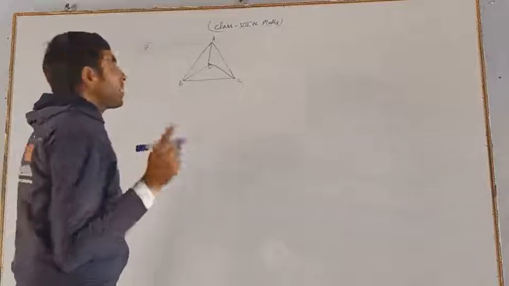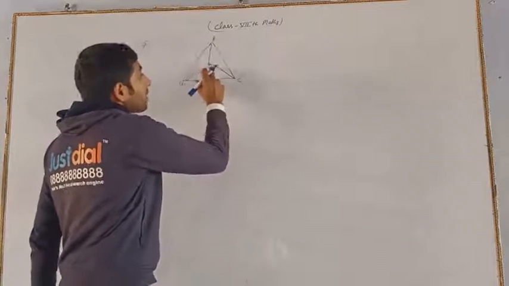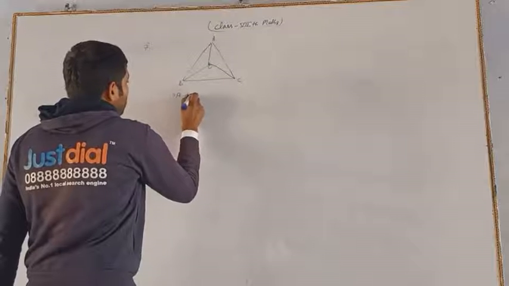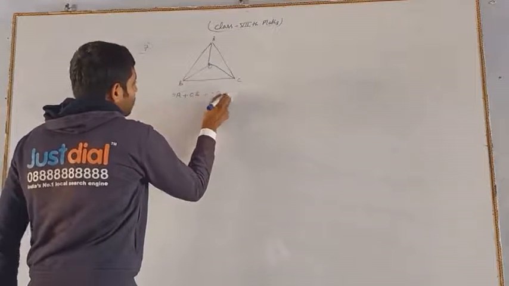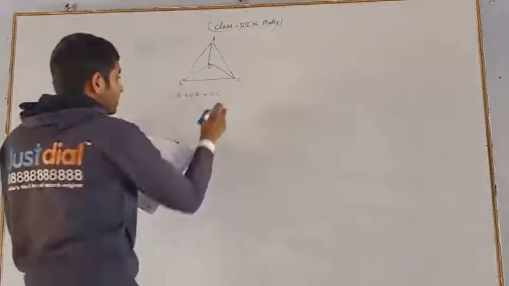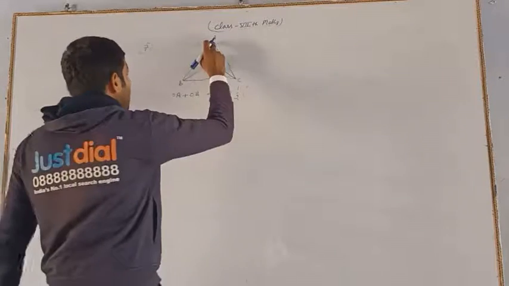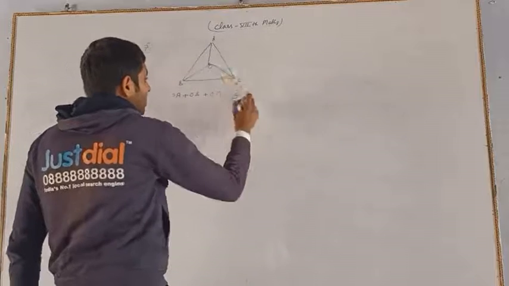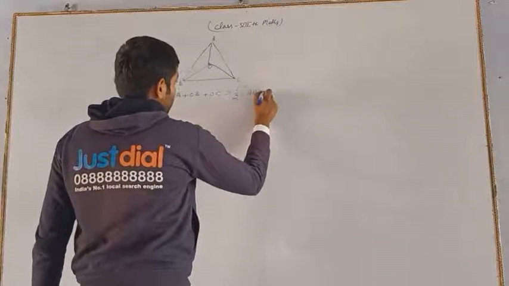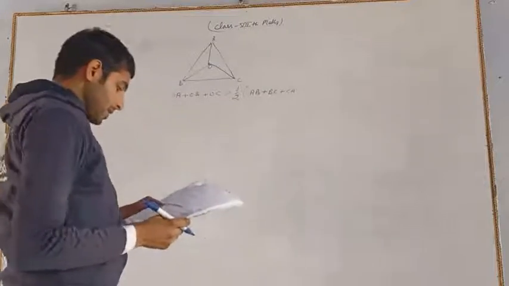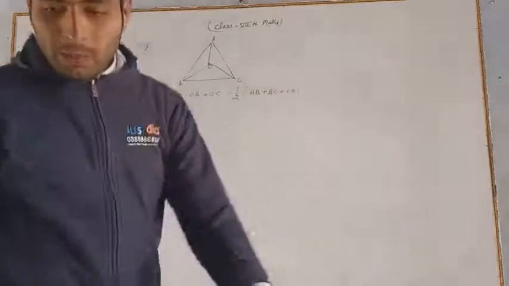So we have to prove that OA plus OB plus OC is greater than half of (AB plus BC plus CA). Okay, so we have to prove this.